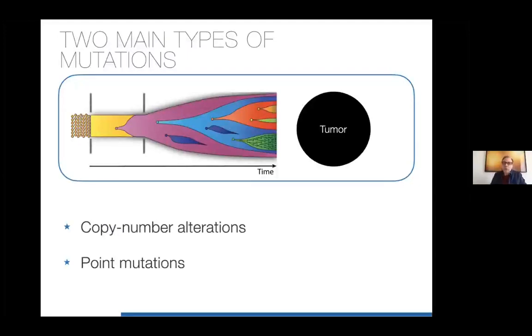As usual. Okay, but what are the types of mutations that we're talking about here? Well, it's copy number alterations and also point mutations.